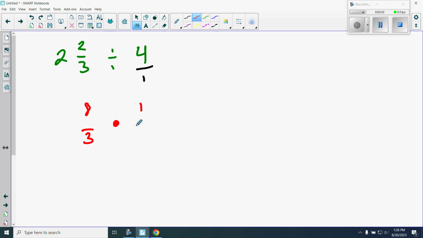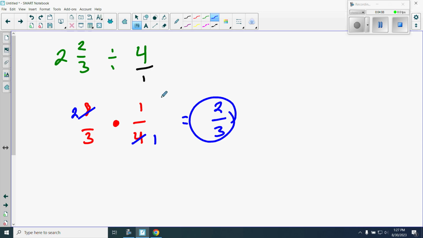Dot and flip, and I'm done with division. I now get to multiply. But if I can reduce before, my greatest common factor between 8 and 4 is 4. Divide the 4 out of both top and bottom. Now tops times tops is 2, bottoms times bottoms is 3, and I get an answer of 2/3.